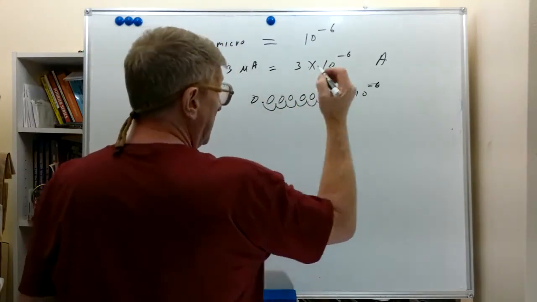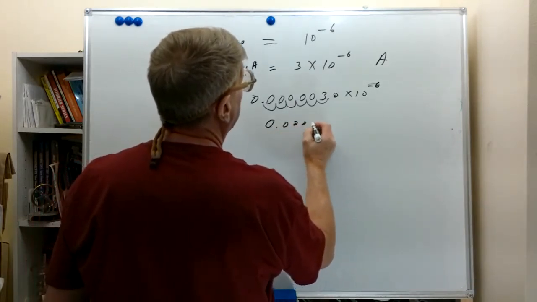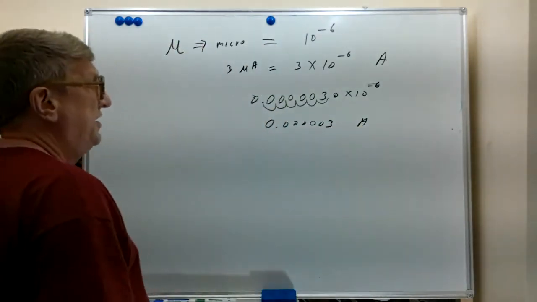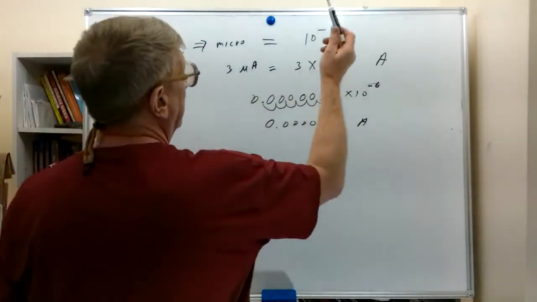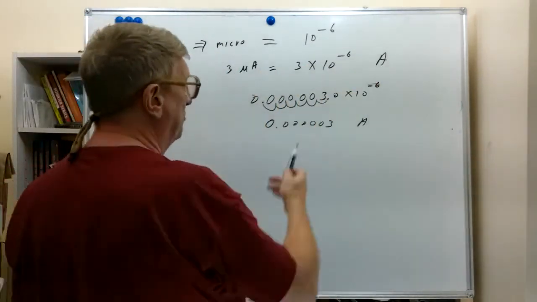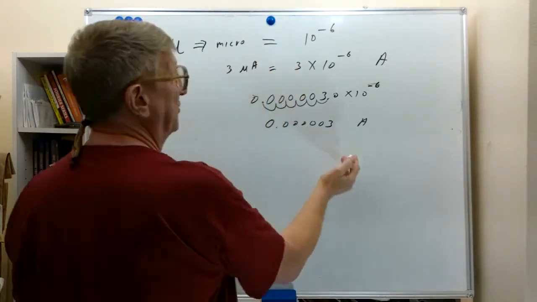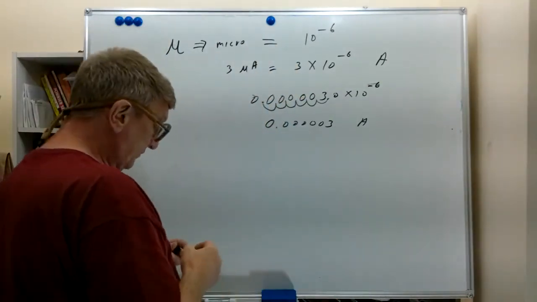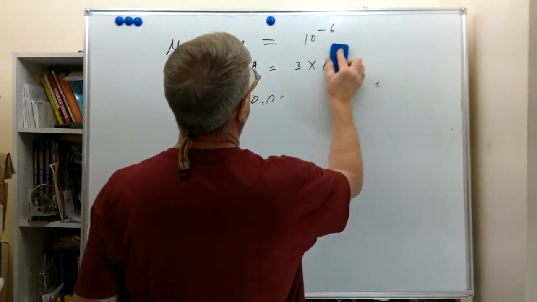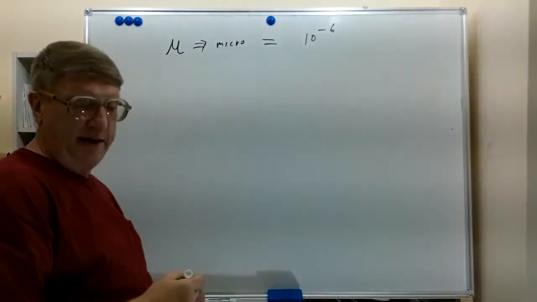So this 3 microamps would equal 0.000003 amps. And you can see this makes a more manageable unit for these small amounts of current than throwing out all of these decimal places. So micro is always going to be 10 to the minus 6. You'll see it used in a lot of places.